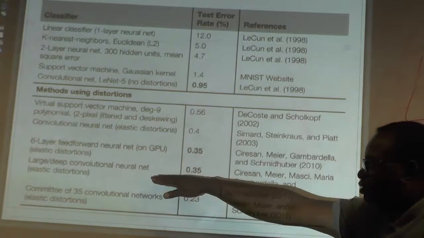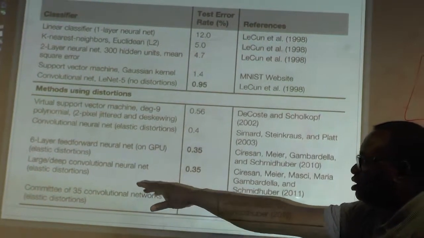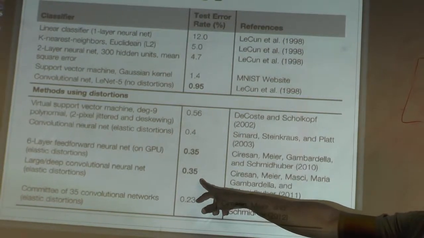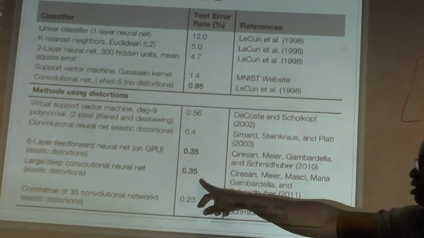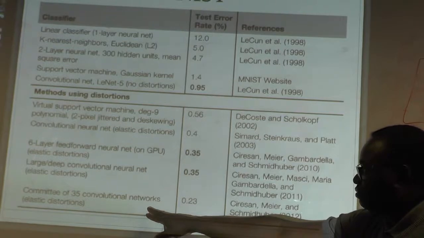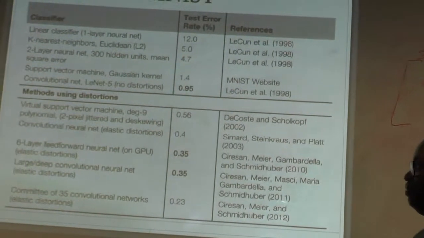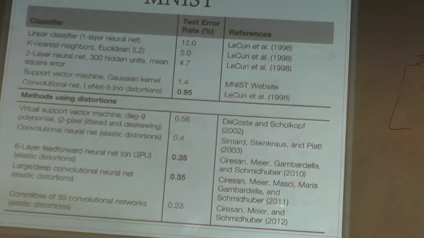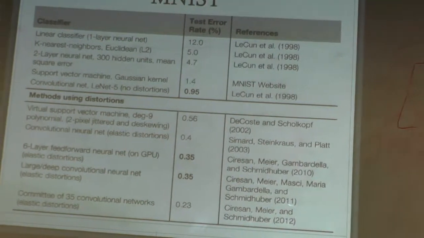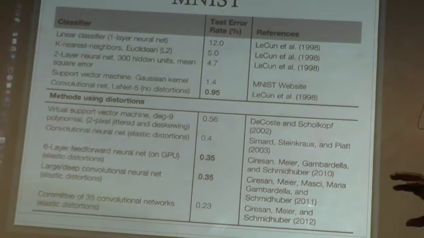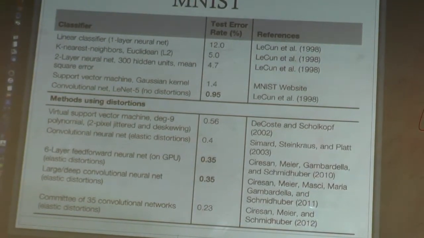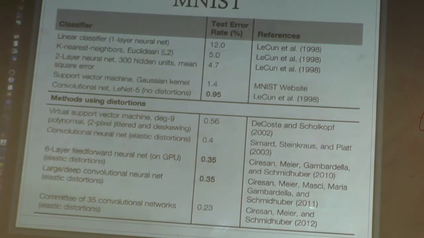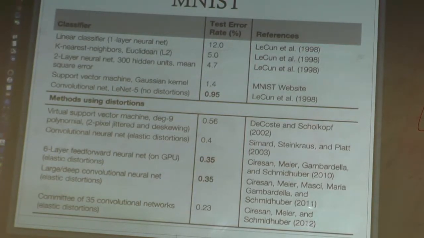And then a deep convolutional neural network, retaining elastic distortion, still, you cannot improve it. Until you have a committee of 35 convolutional neural networks. That is, different convolutional neural networks, a committee of 35, then you are able to improve it to 0.23. And that's what is on top today.